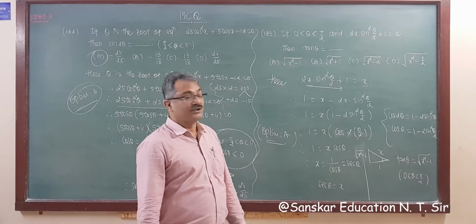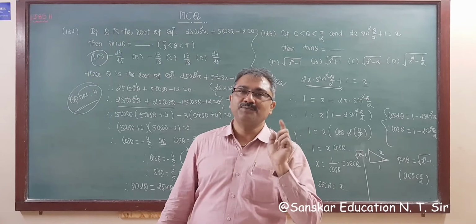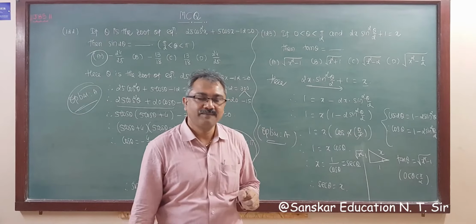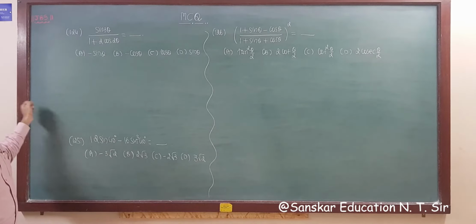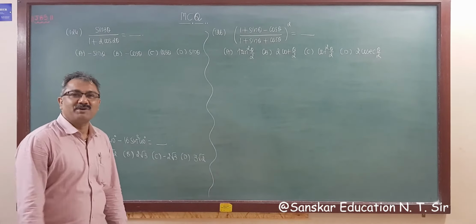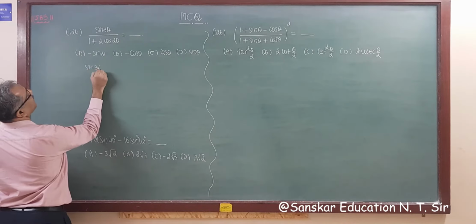Right? So these all are very important MCQs for your competitive exam. Okay? Question number 124. Sin 3 theta upon 1 plus 2 cos 2 theta is equal to what? We have to apply all the formulas which you know, that is sin 3 theta.